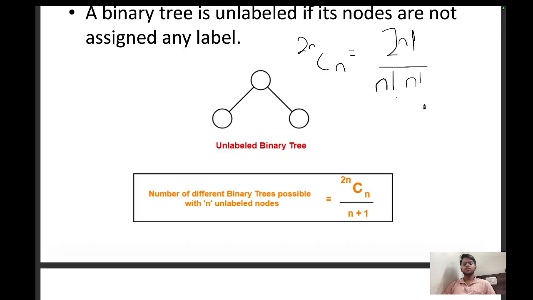Yeah. So if you solve it on simplification, then (2n) factorial will remain, and n factorial will be cut out, and this would be (2n) factorial upon n factorial, and below it you have n plus 1. You can also solve it like this: (2n) factorial and n plus 1.